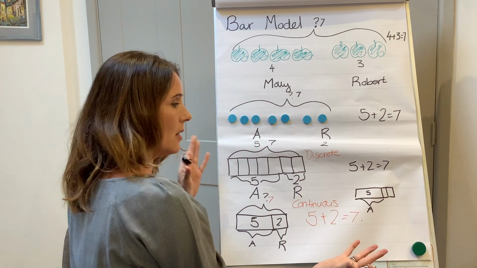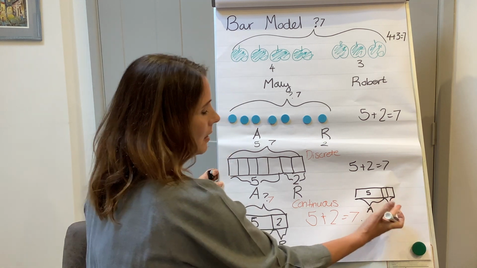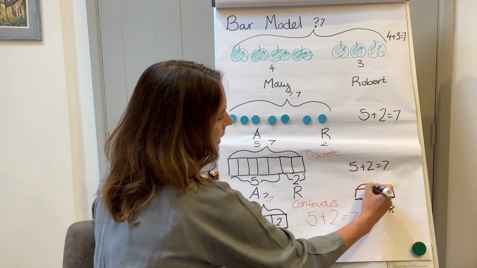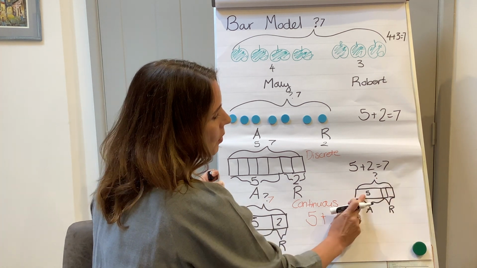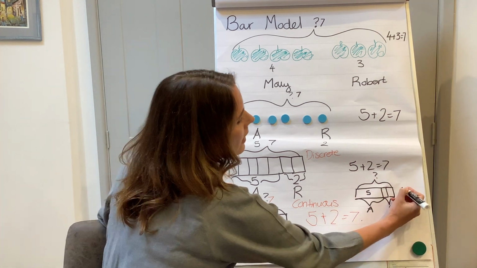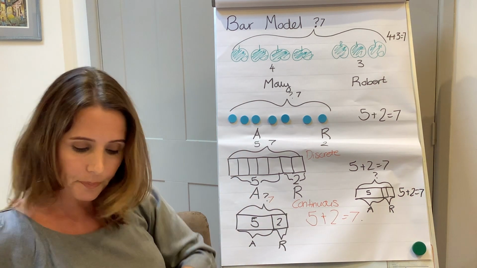So you can do 5 as a continuous, but your 2 that Rupert had can be shown discretely. So how many have you got all together? I've got 5, 2 more, 5, 6, 7 is equal to 7, like that.